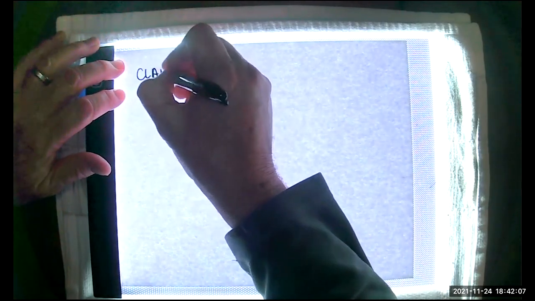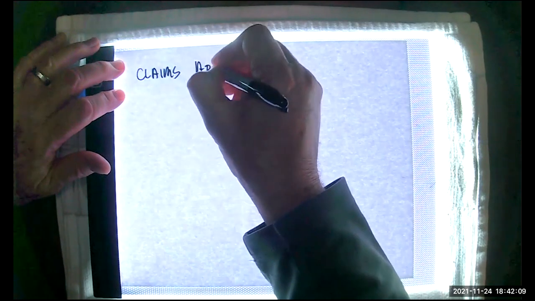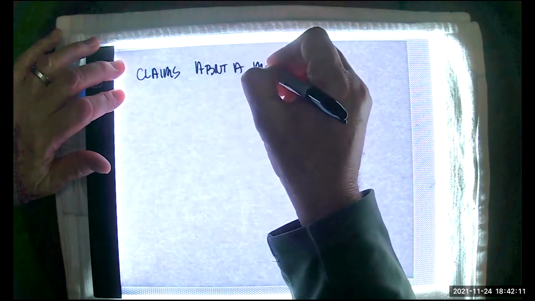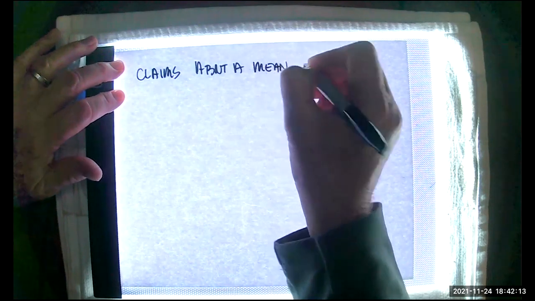So we're now ready to go ahead and move into section 8.3, where we have claims about a mean.